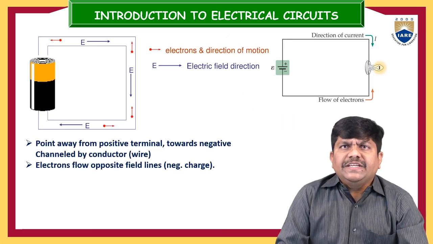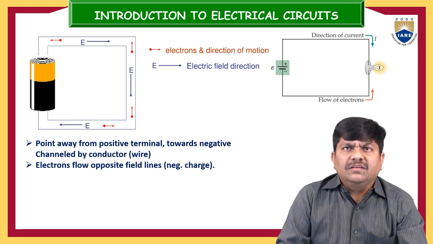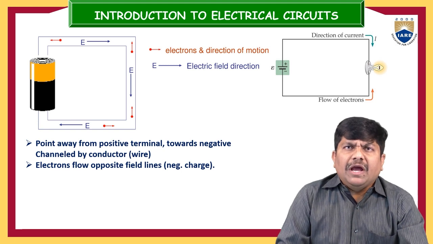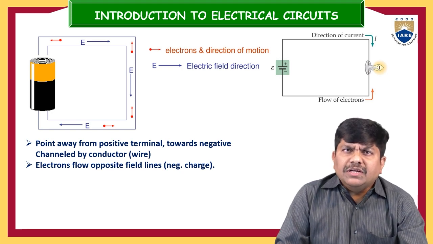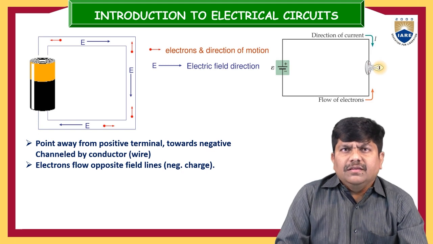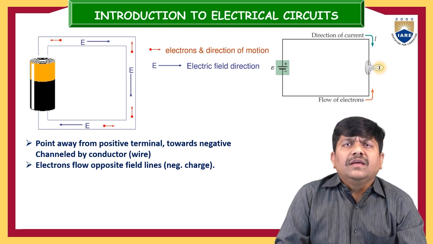Now, as we discussed, a battery is there. So the battery will have two terminals: one is the positive terminal and the next one is the negative terminal. If the battery's positive terminal is connected to its negative terminal by means of an external medium, then from the instant we connect the positive and negative terminals by means of an external circuit, electrical energy will flow from the positive terminal to the negative terminal.